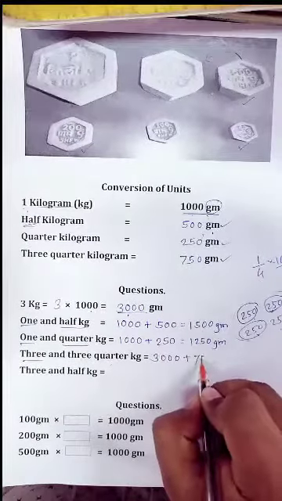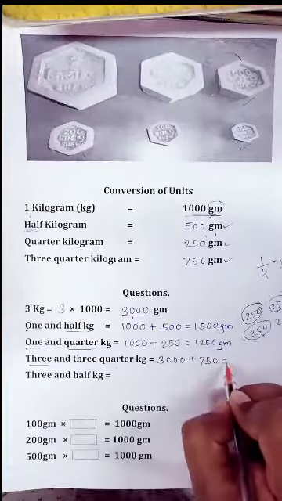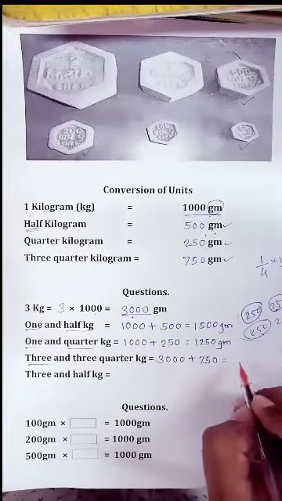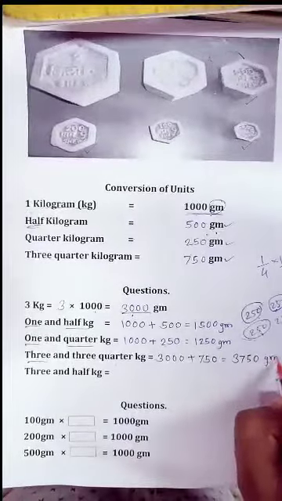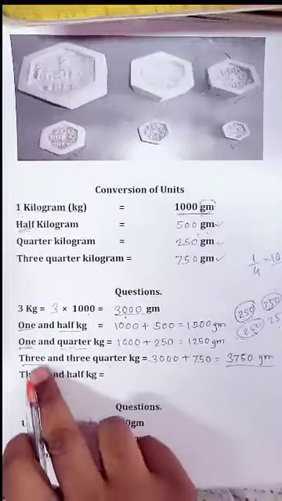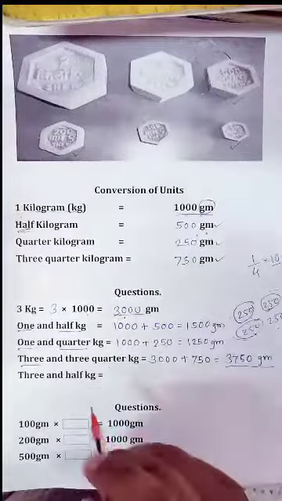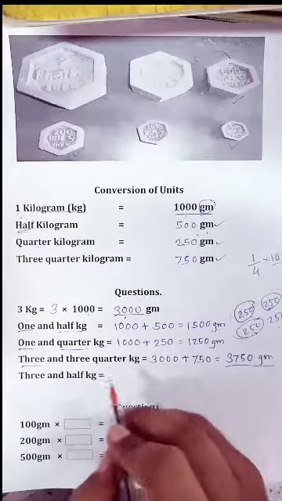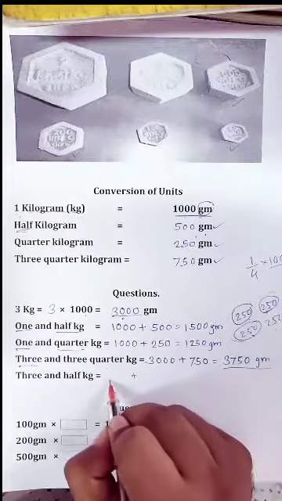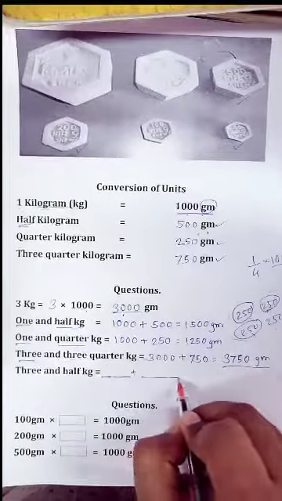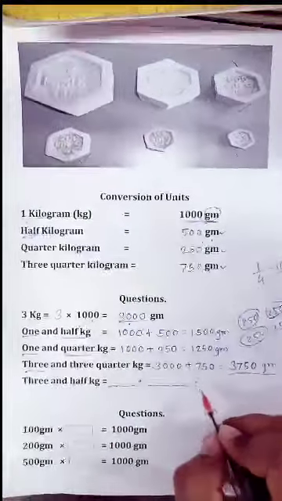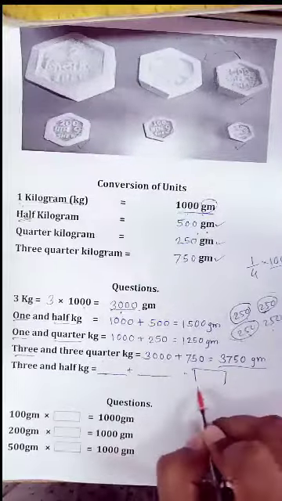So here we can write 750. So total it will become 3750 gram. Okay, so it is equal to 3 and 3/4 kg. And the last one you have to solve. It is 3.5 kg. So here you can take 3 kg into gram and half kg into gram. So you have to write your answer here.